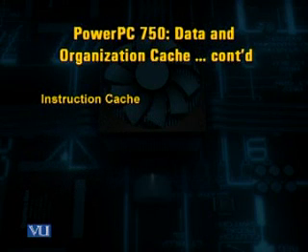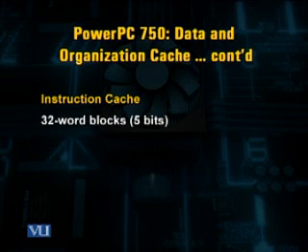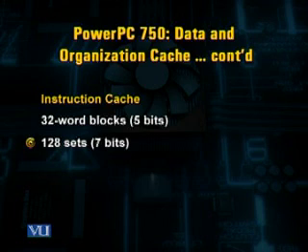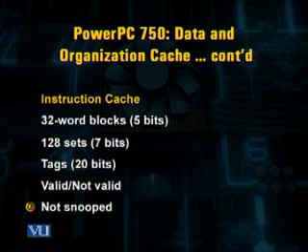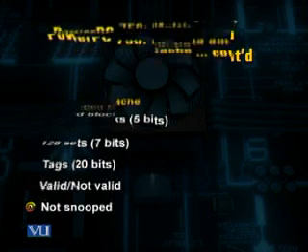Whereas the instruction cache is also 32-word block, and it is also having 128 sets, 20-bit tags. However, it is using a valid/not valid bit instead of the state information, and it is not snooped.